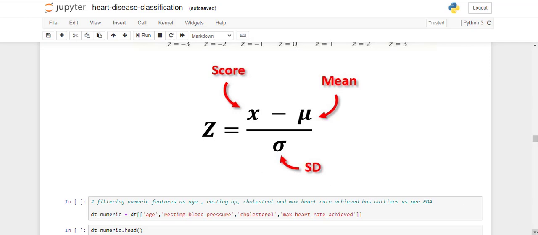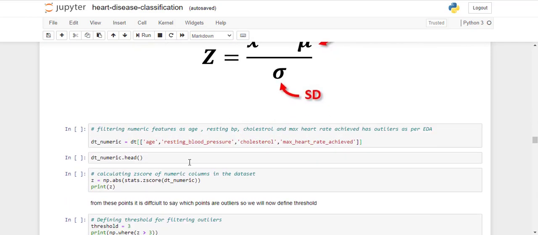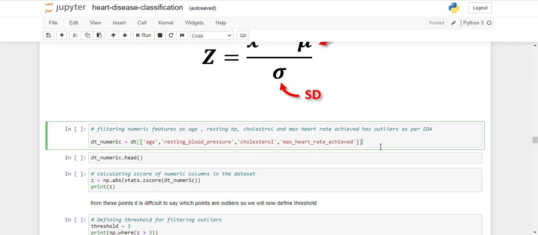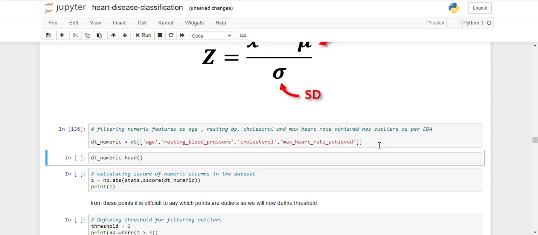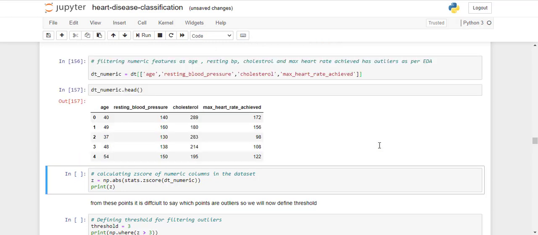And as we have observed, we have outliers in all the numerical variables, the continuous variables. So we are just making a subset of that using select_dtypes numeric, and these are the numeric variables, and in these numerical variables we have some outliers.